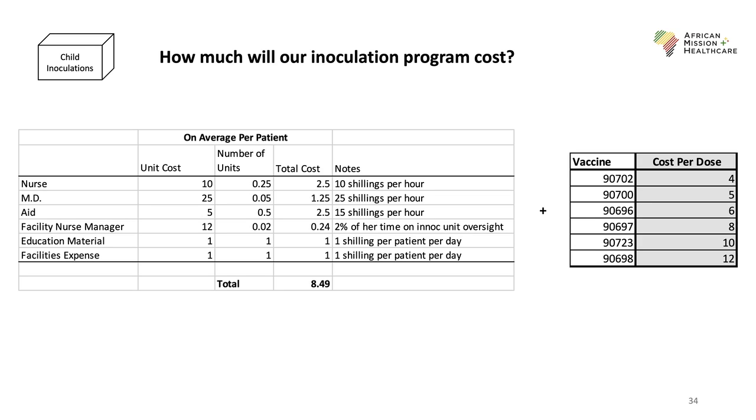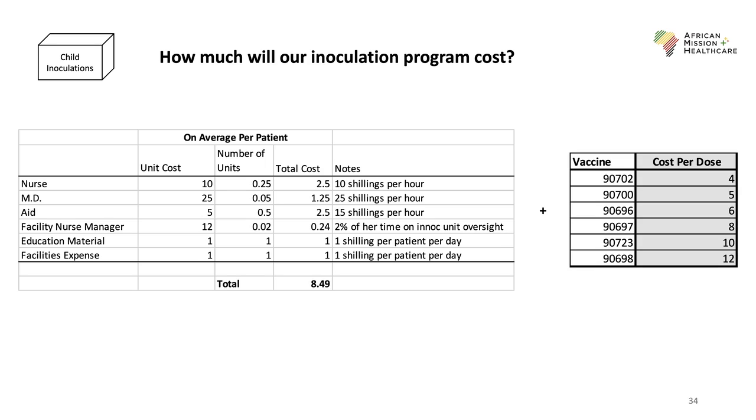The facility nurse manager, the education material, and the facilities expense would all have the cost associated with the items on this slide. And for things like the facility nurse manager, I have to have some statistical approximation to allocate his or her time.